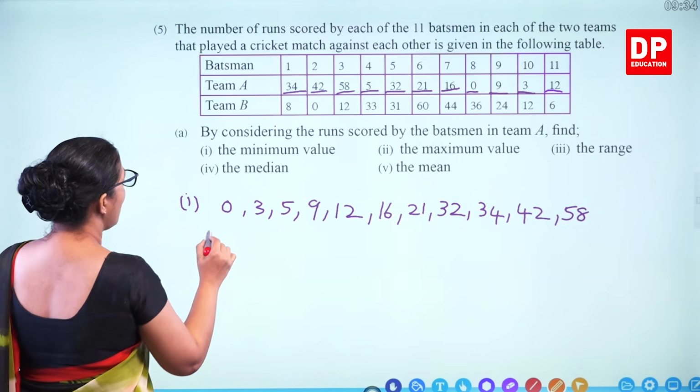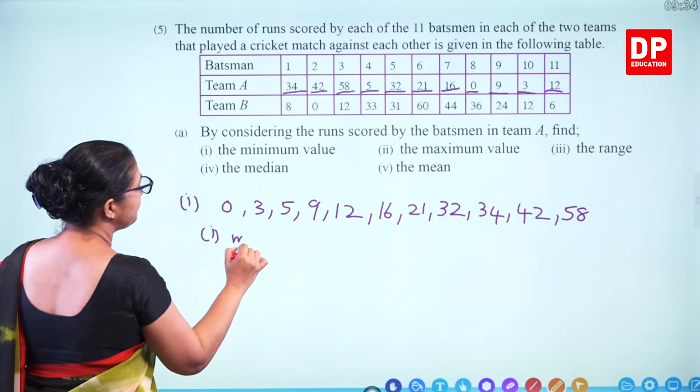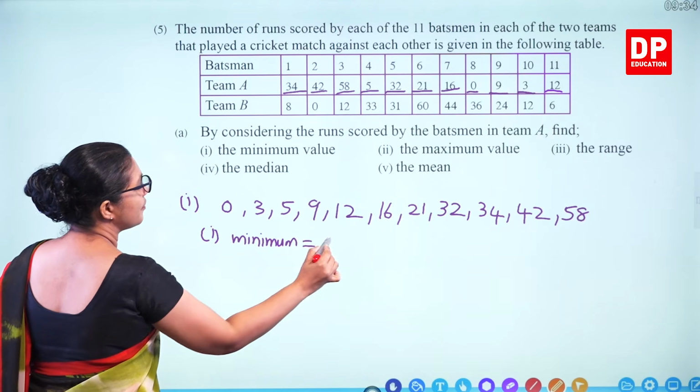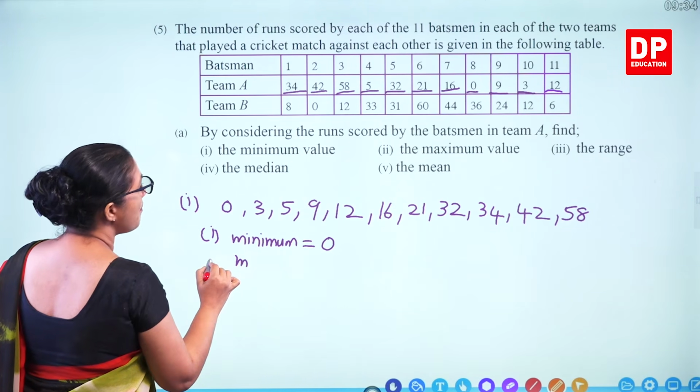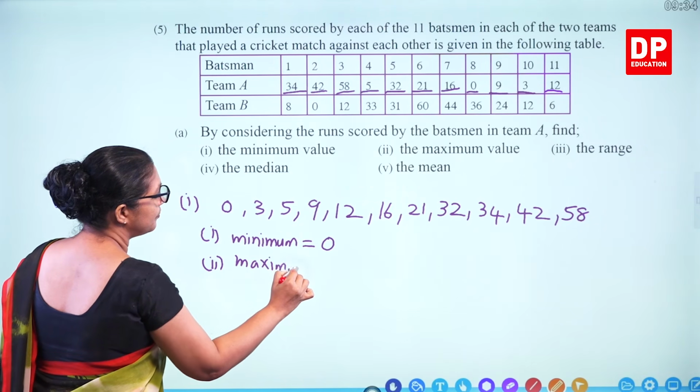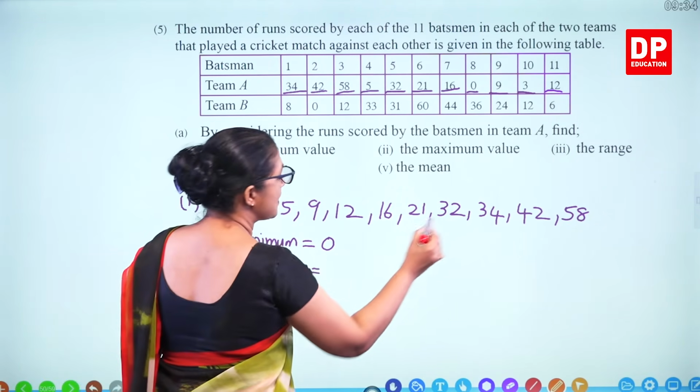And we'll find out the minimum. That's 0. Maximum. That's 58.